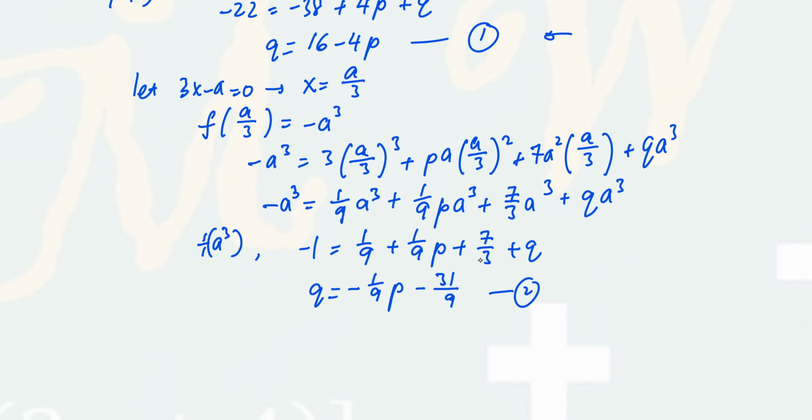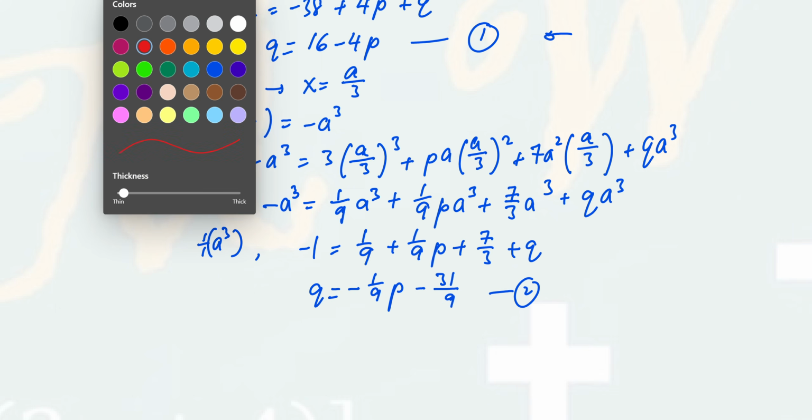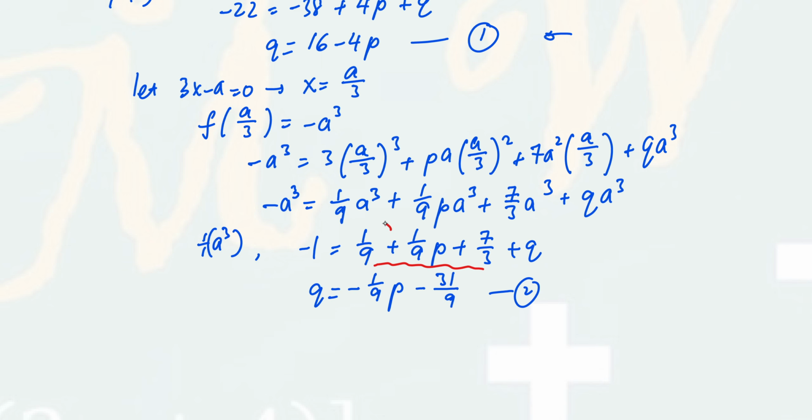Right, so you just move all the terms from the right side to the left side except the q. So keep the q there. Right, so now since you are getting both same expressions, both equal to q, I will just write first equals second. So which means 16 minus 4p equals minus 1 over 9 p minus 31 over 9.